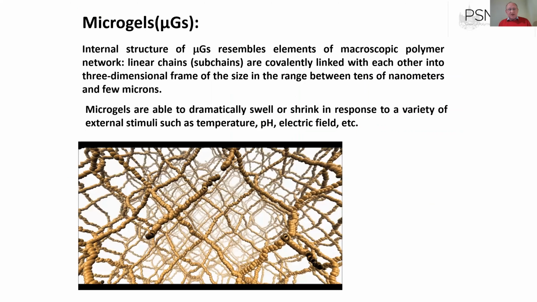In general, it is believed, because it is not proven yet directly, that microgels have a network-like structure inside. The homogeneity of the distribution of cross-linking depends very much on the way of the synthesis of the microgel. For example, if we use precipitation polymerization, it's known that the cross-links are inhomogeneously distributed inside.